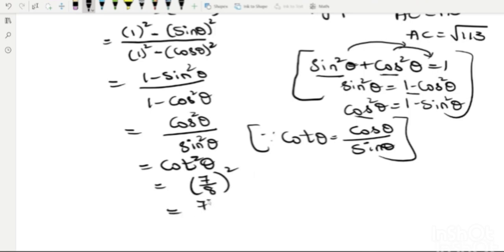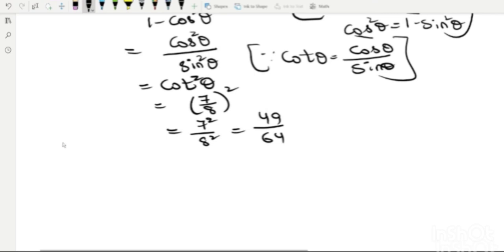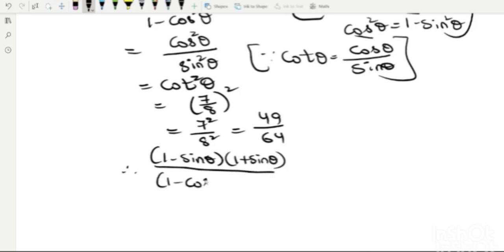Now 7 square divided by 8 square, where 7 square is 49 and 8 square is 64. So therefore, the value of 1 minus sine theta into 1 plus sine theta divided by 1 minus cos theta into 1 plus cos theta would be 49 upon 64.